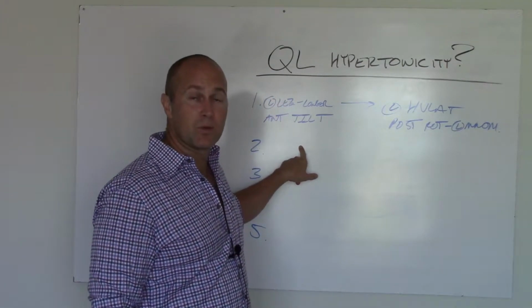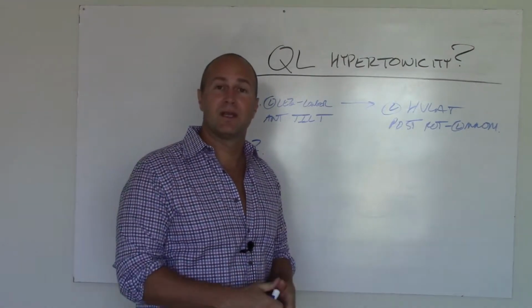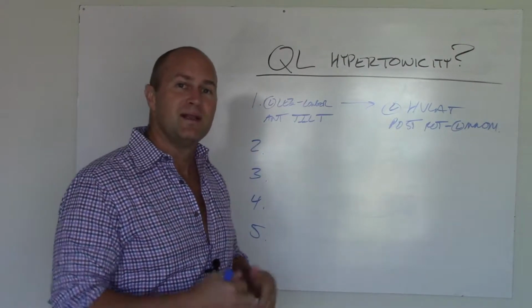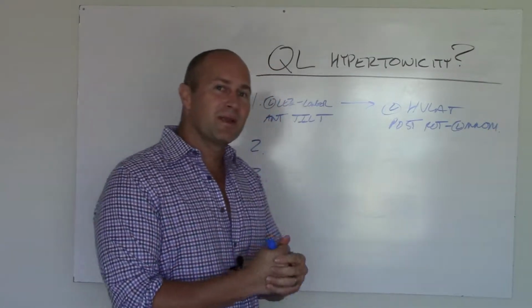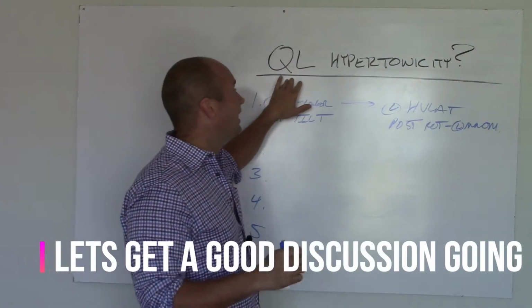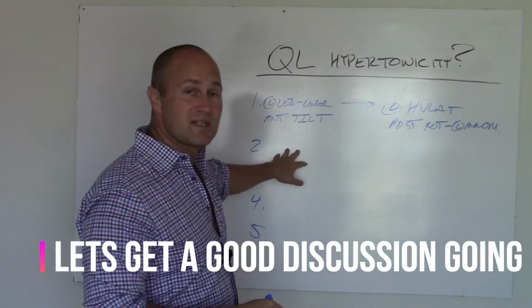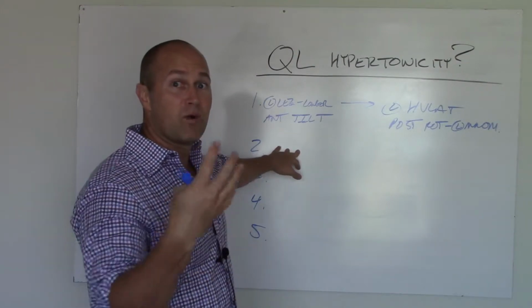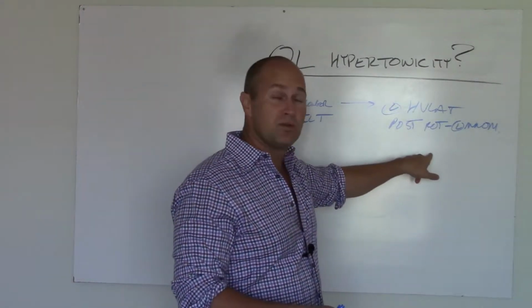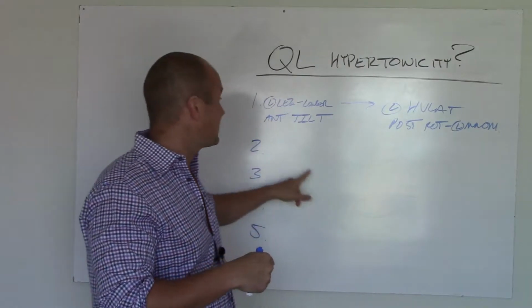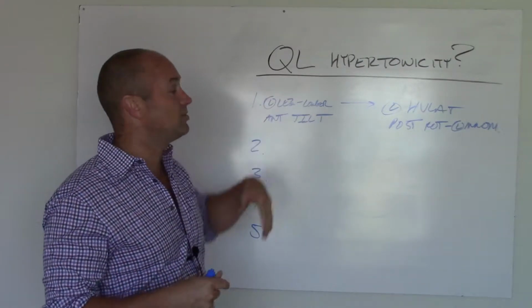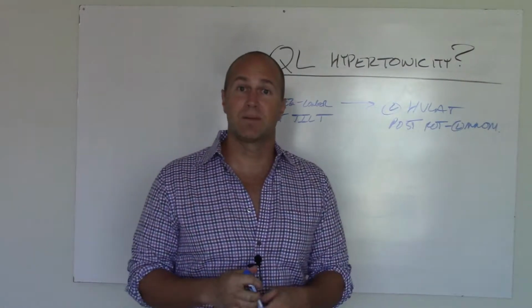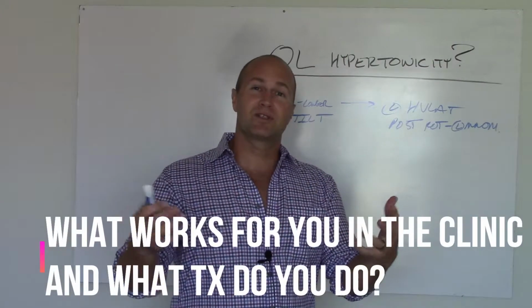Within session, or within a week in a matter of a few sessions. So let's get a good discussion going. Causes of QL hypertonicity: what is your reasoning or your theory of why it's there? What treatment do you implement, and then test and retest afterwards and see if the QL has changed: better, same, or worse.